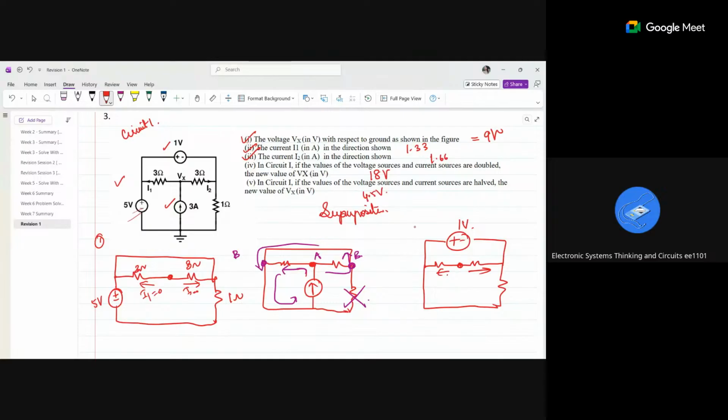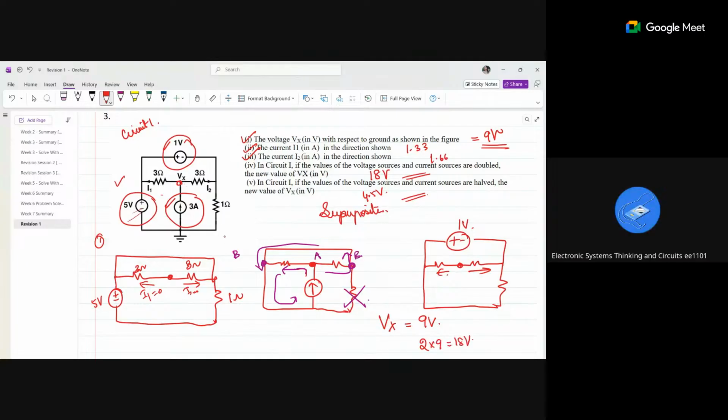Now, from the answer of the first question, fourth question, and fifth question, what did we observe? For this circuit, my node Vx is 9 volts. The resistors are remaining the same. When we just double the values of the voltage source, we also get double of that, 18 volts.